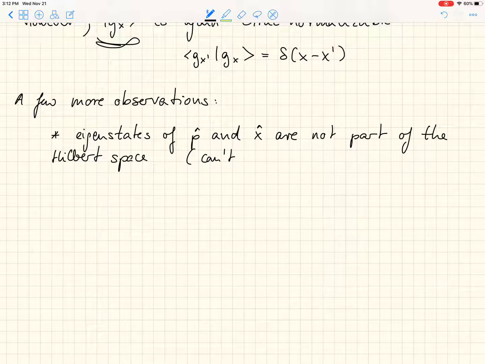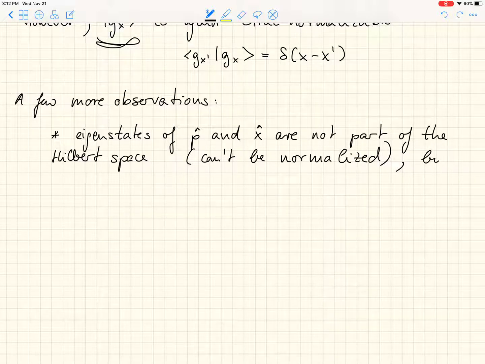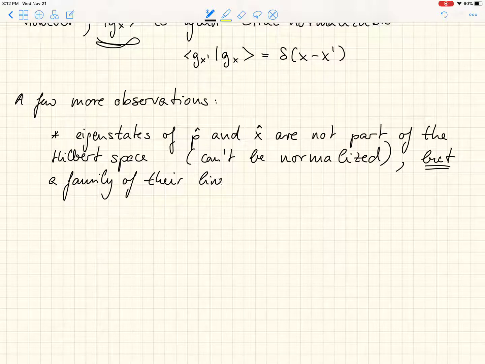They can't be normalized. But a family of their linear combinations can be.